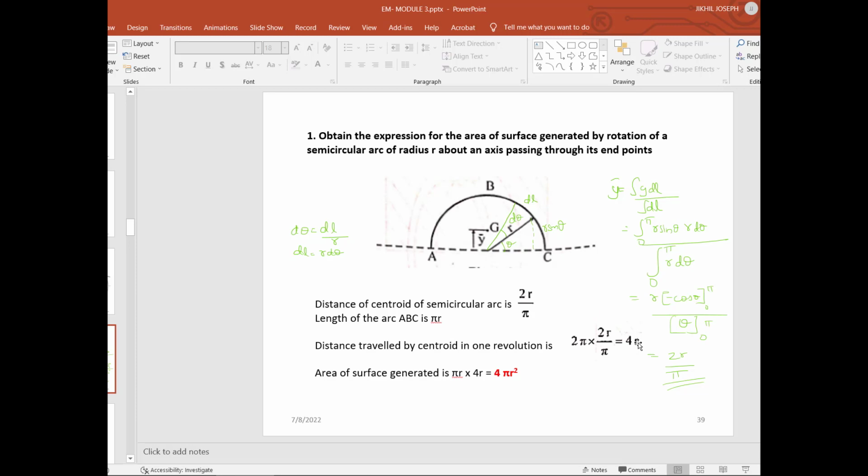So this 4r is the total rotation distance made by the centroid alone, and that into the semicircular perimeter will give you the area of the surface generated, which is equal to 4 pi r square.